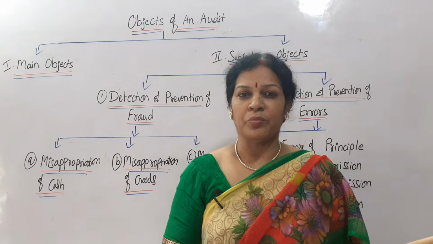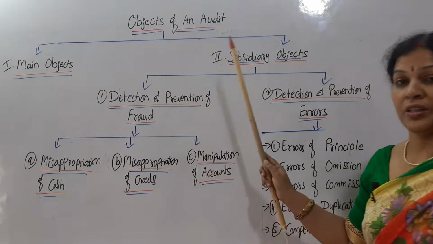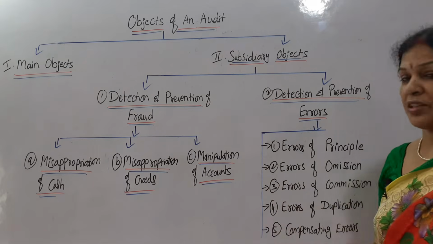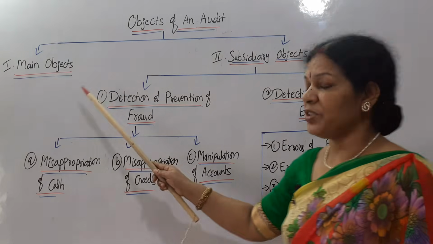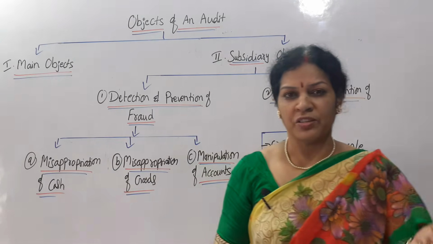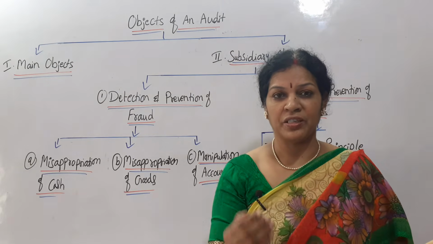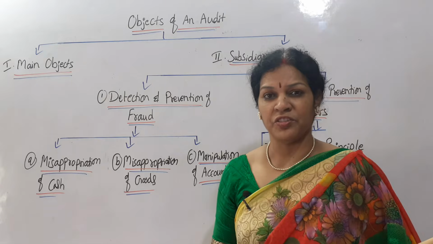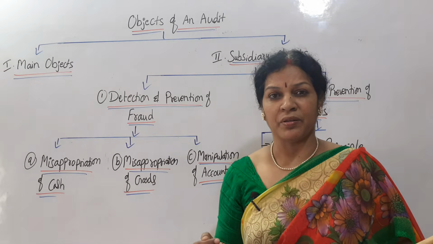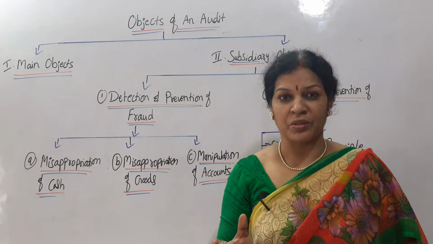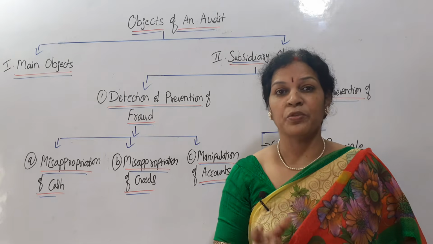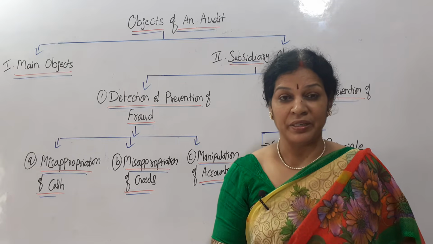Now, if you see the objects of auditing, there are main objects and subsidiary objects. Main objects, just now as I told you, checking up the transactions, trading account, profit and loss account and balance sheet, whether prepared properly or not, accuracy of the accountancy, calculations, posting and properly maintained or not.